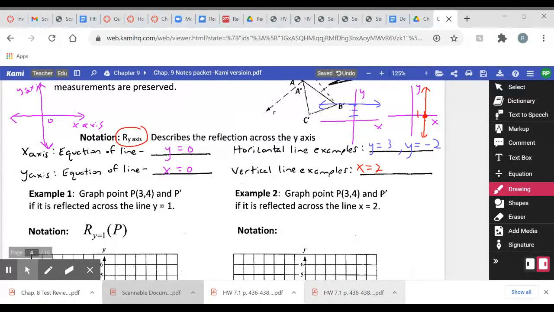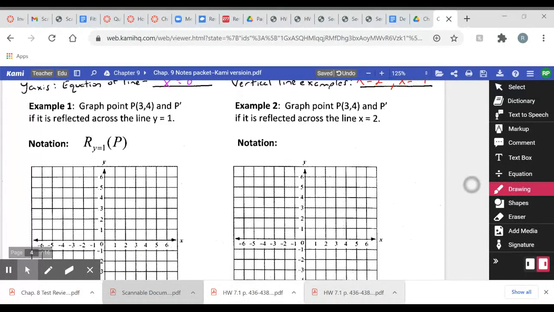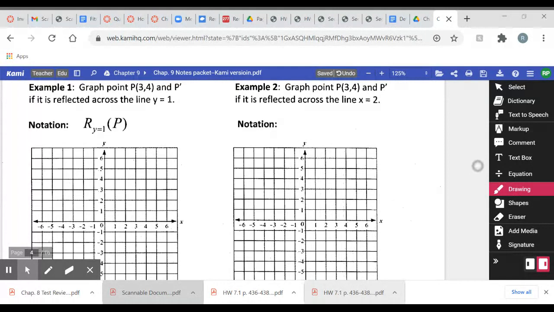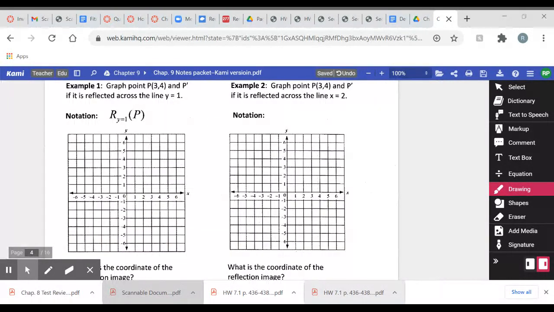Again, anytime a line goes through the x-axis, it is going to be a vertical line. If I mentioned x is equal to -1, that would be another vertical line going through the x-axis at -1. Okay, so that's going to come in handy for reflections. Example 1 here, let me try to make this a little bit smaller.